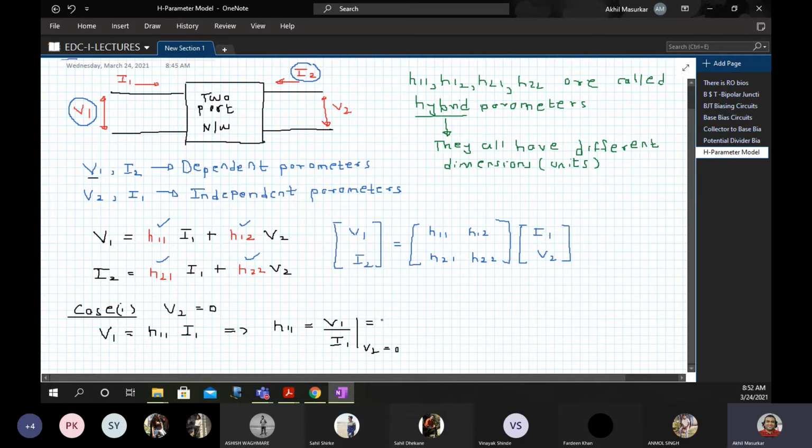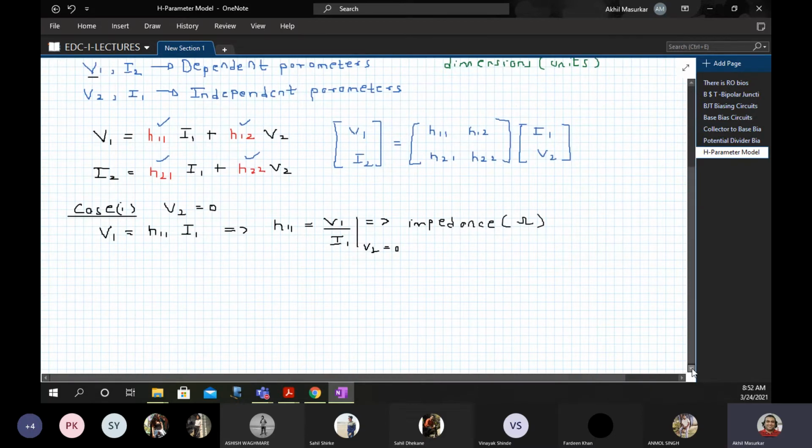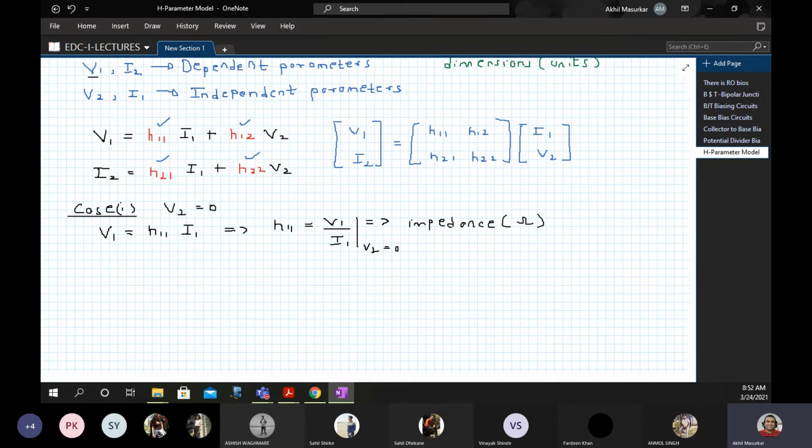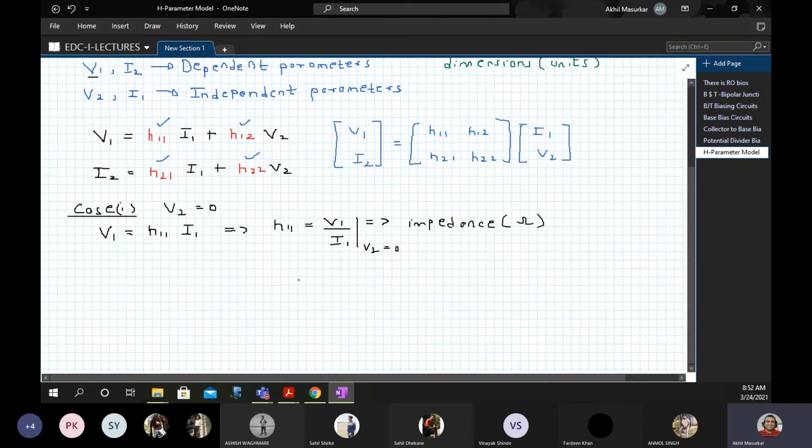Voltage upon current would be impedance, and the unit will be ohms. So H11 represents impedance, and we say H11 is nothing but input impedance. Why input? Because it is V1 upon I1, and both V1 and I1 are on the input side.